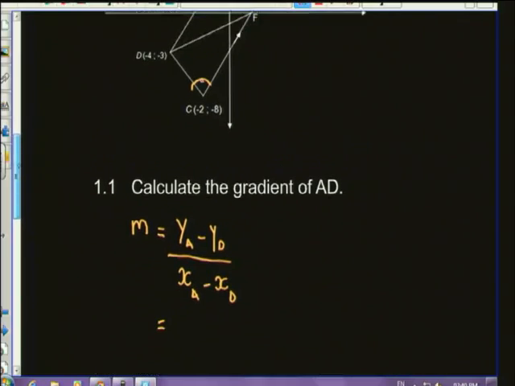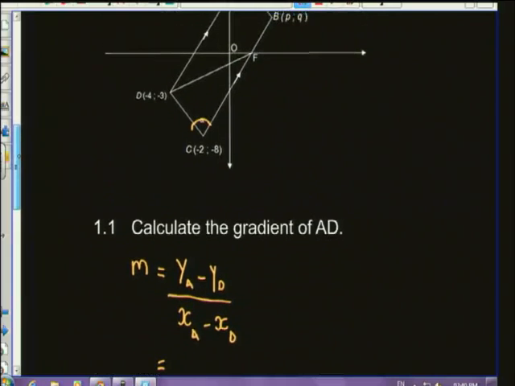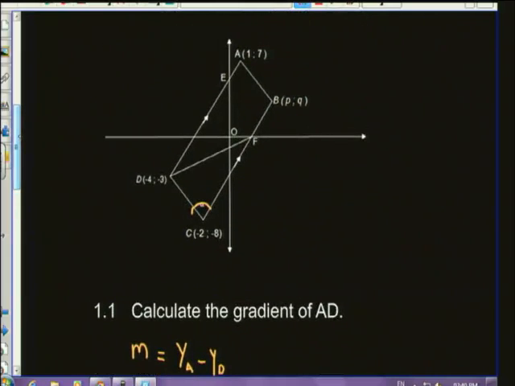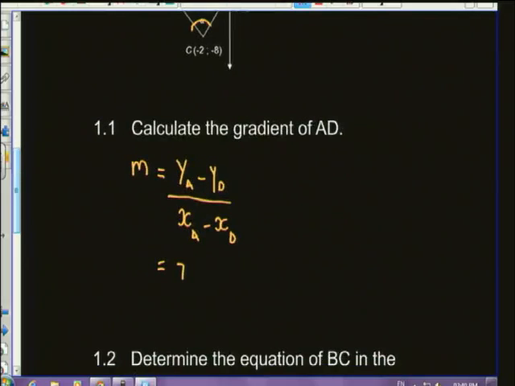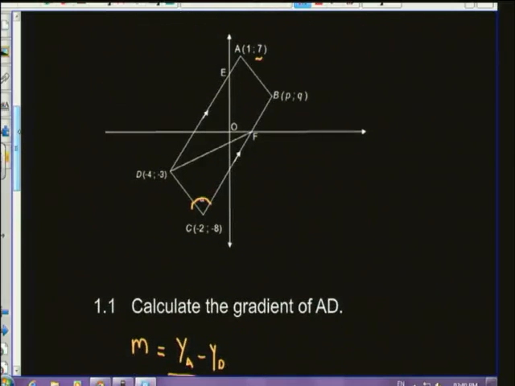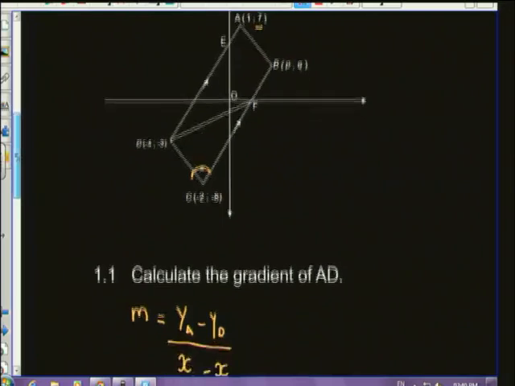So let's go back to see what our points are. Point A is (1; 7), so the y of point A is 7, and the y of point D is -3. So it's going to be 7 minus -3. The x coordinate of point A is 1, and that of D is -4.